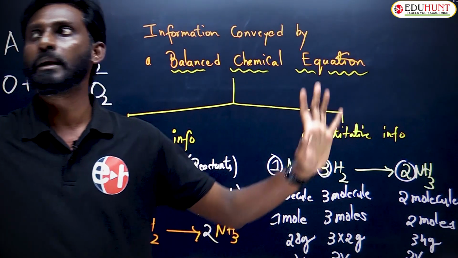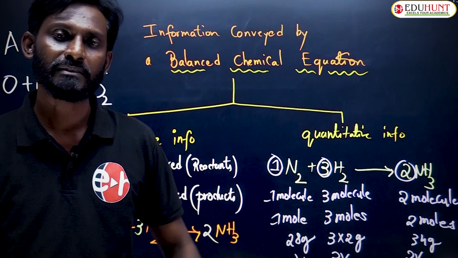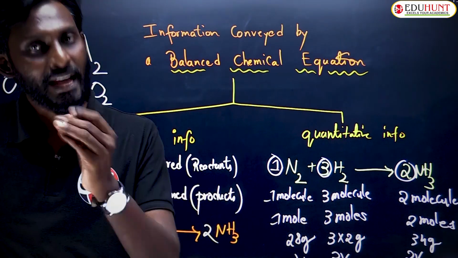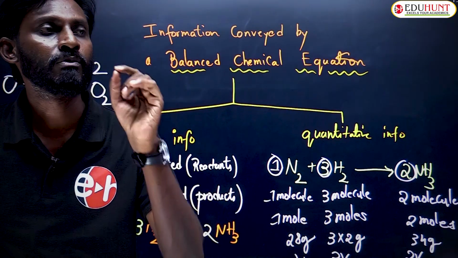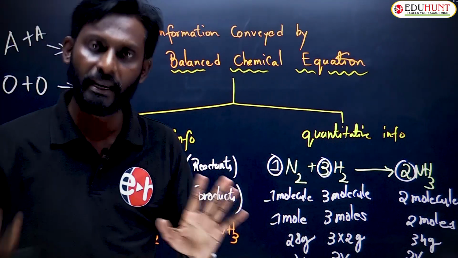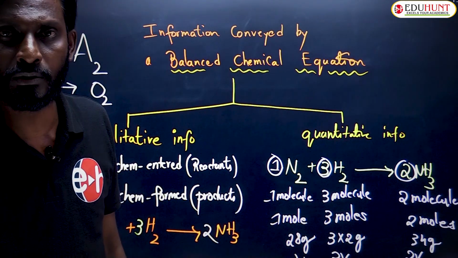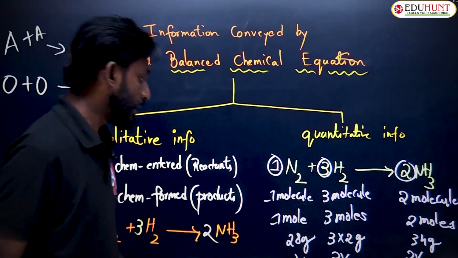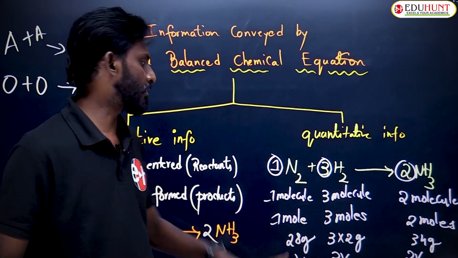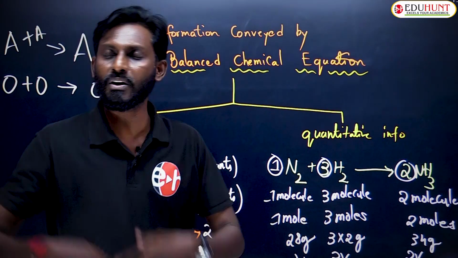Suppose there is some experimental temperature, some pressure. At that pressure, imagine 1 mole gas occupied 1 liter volume. If 1 mole is 1 liter, then 3 moles is 3 liters, no matter whether it is nitrogen or hydrogen or any other gas.